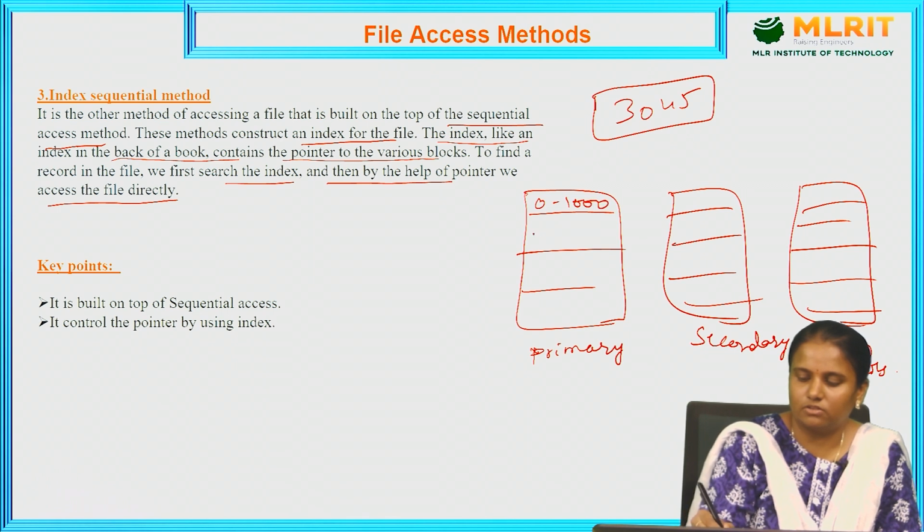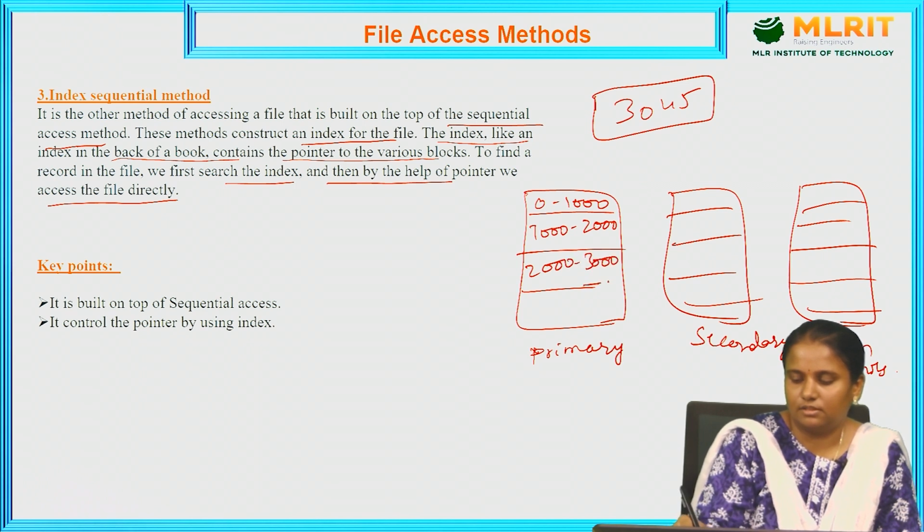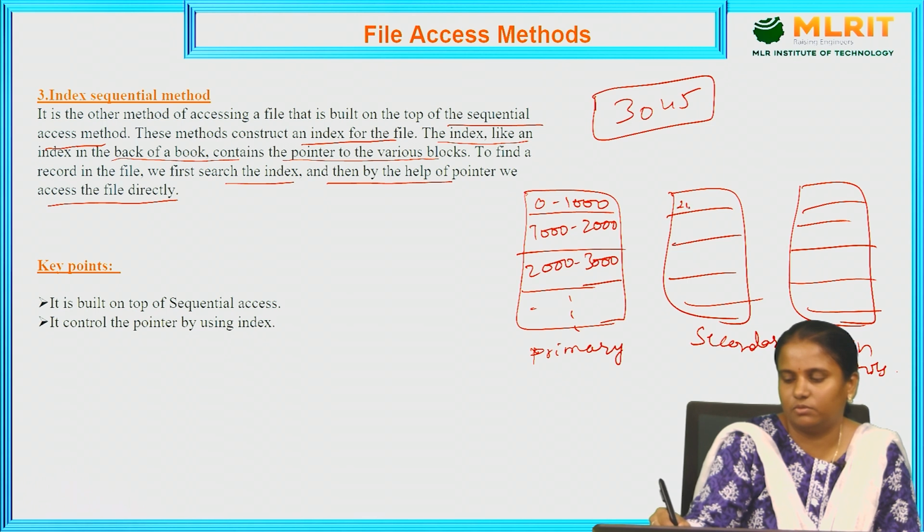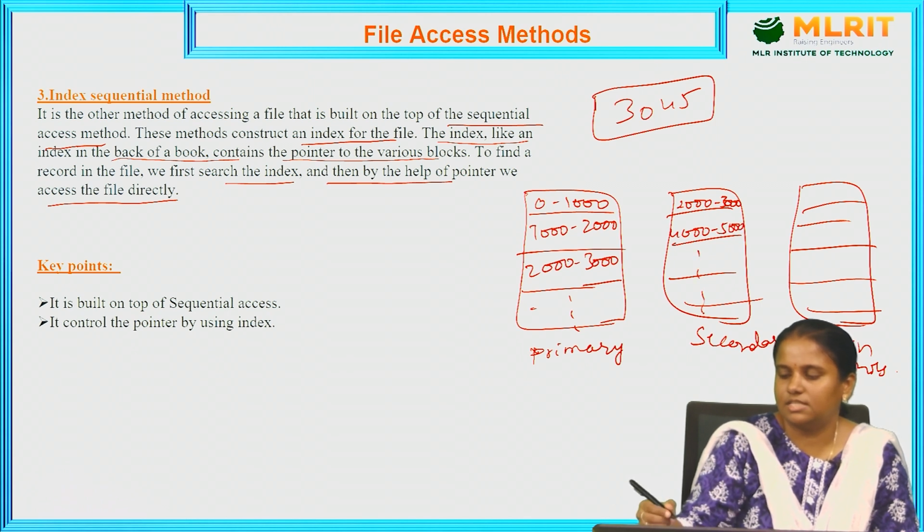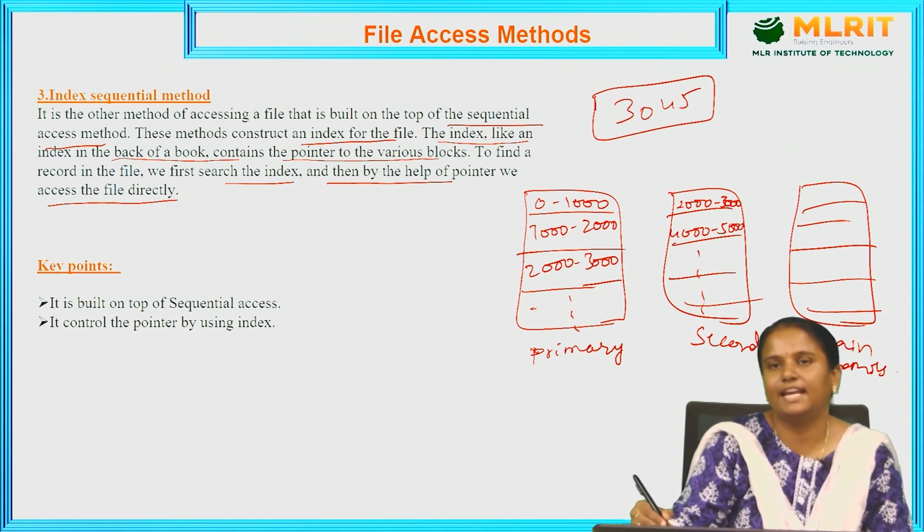So 0 to 1000, 1000 to 2000, then 2000 to 3000, then 4000 to 5000, and so on. These are some files we are placing in an index format.